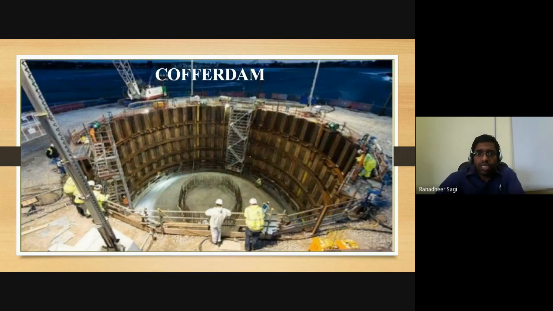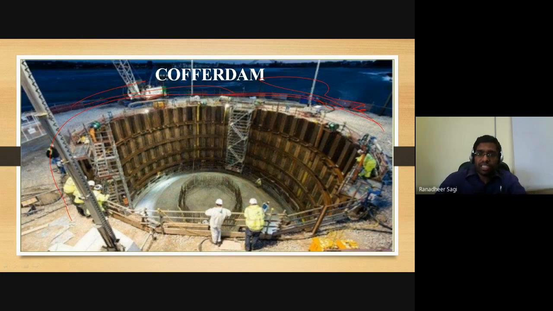So this is how typically a cofferdam structure looks like. This is what we call a circular cofferdam. The cross section of that cofferdam structural arrangement is in circular shape. You see that in the surroundings you have the water available, but this particular area is first roughly barricaded by an outer cofferdam structure.